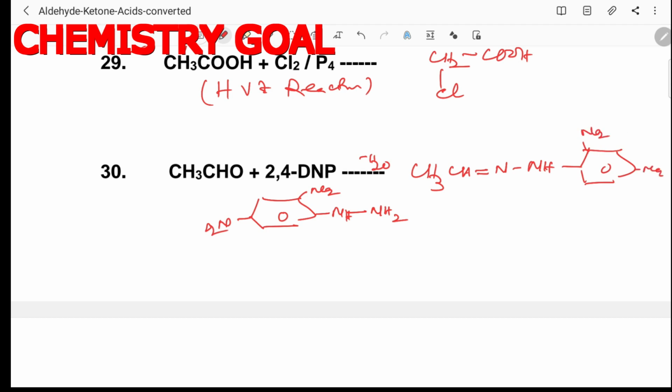So a similar structure is formed, that is also a derivative of 2,4-DNP. It gives a different color with different aldehydes. So this is a very important test of aldehyde and ketone using 2,4-DNP, formation of a hydrazone derivative.